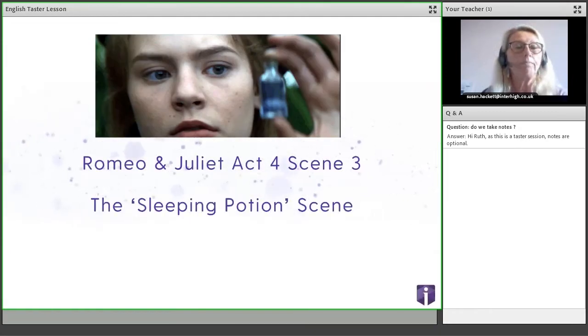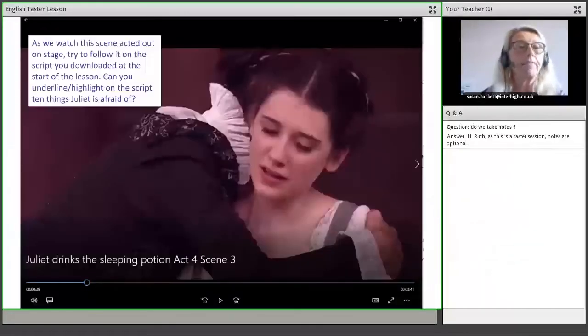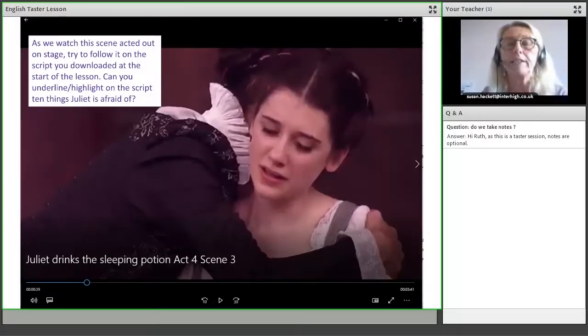Act 4, Scene 3, the sleeping potion scene. Now we're going to watch a film version of this scene. We're going to watch it acted out on stage. And as we watch it, I would like you to see if you can identify 10 things that Juliet is scared of.